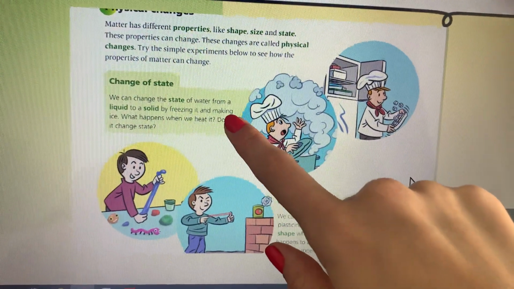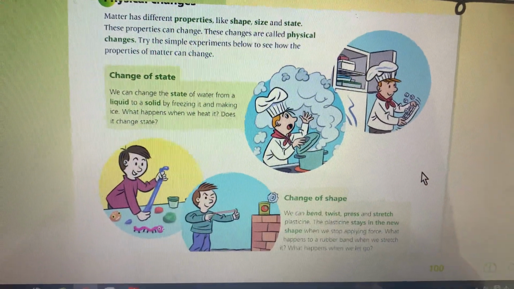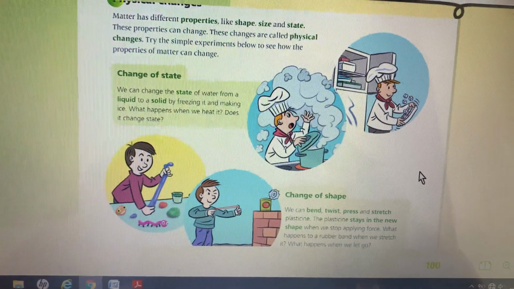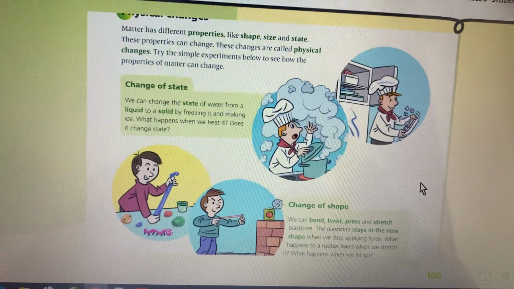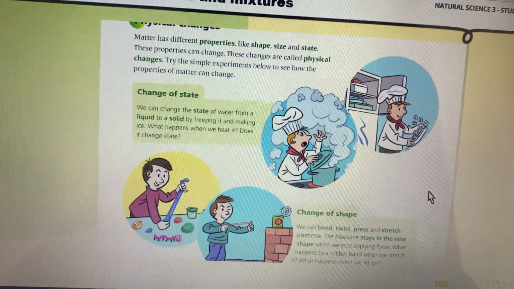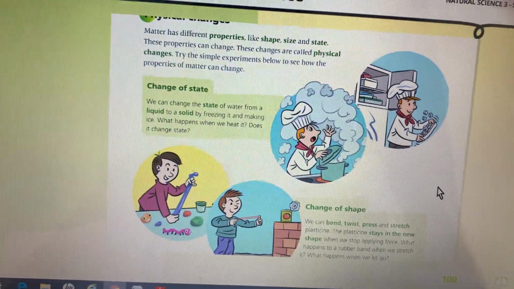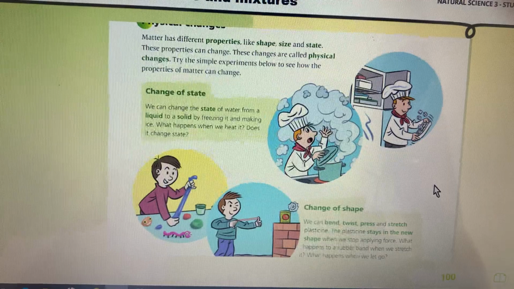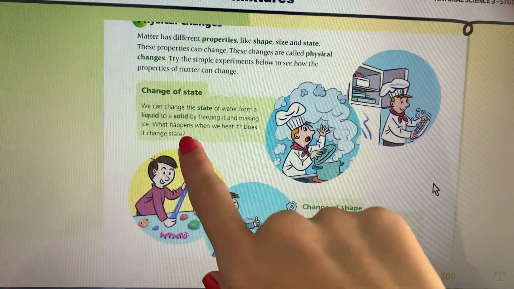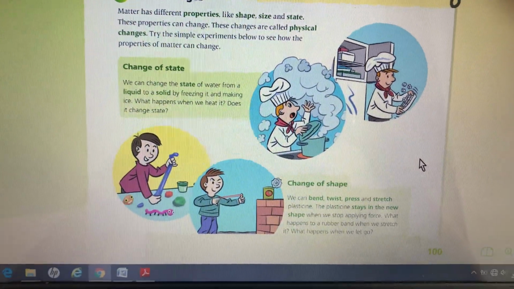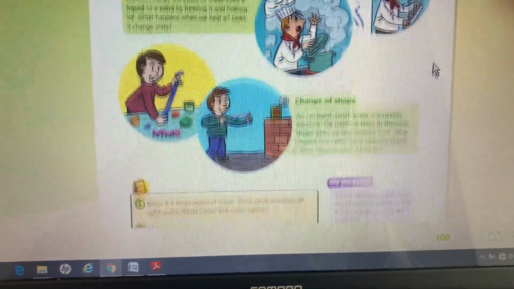Well, you will get ice. But what happens if we put this ice or the liquid water in the microwave? It's heated and sometimes it disappears, if it evaporates. Does it change state? You have to tell me when you do it.